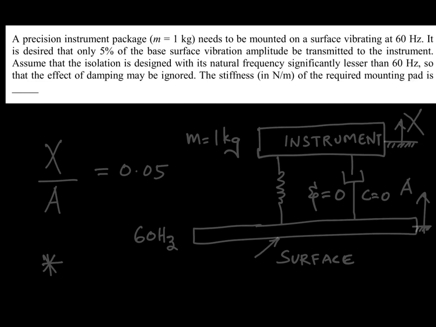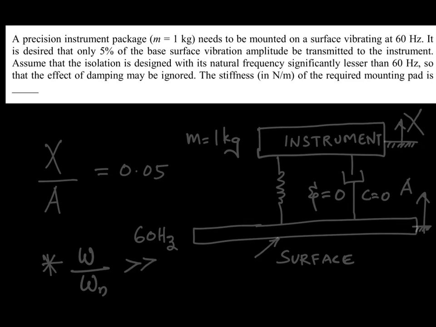So this is our isolation. They are saying the isolation natural frequency is much less compared to the forcing frequency, or in other words, omega is our forcing frequency and omega n is the natural frequency of the isolation.